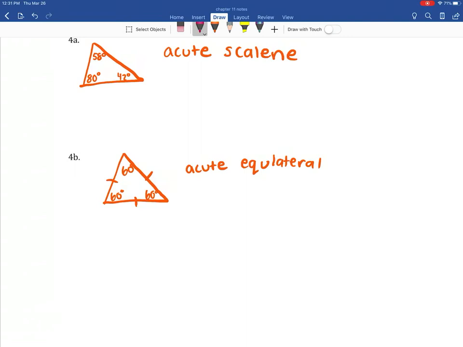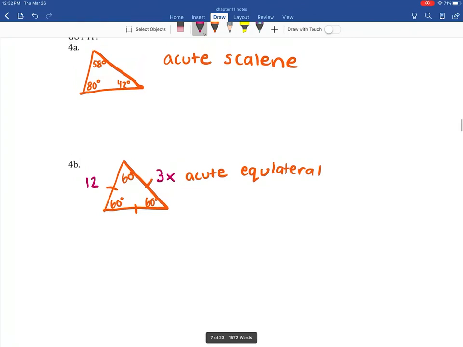If we took this one step further and say this side was 12, and this side was 3x, and, well, let's just leave it at these two. Making up a question here. What if it said solve for x?